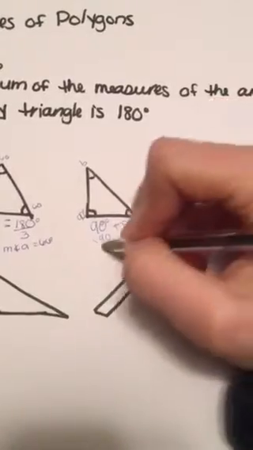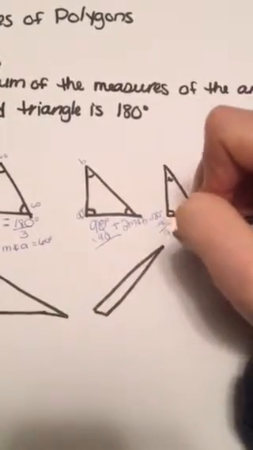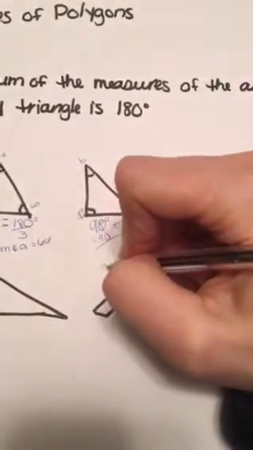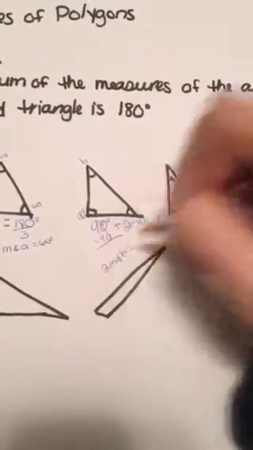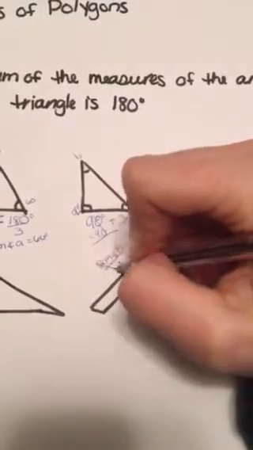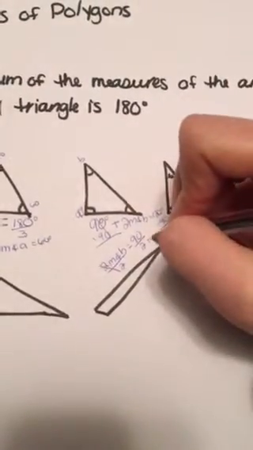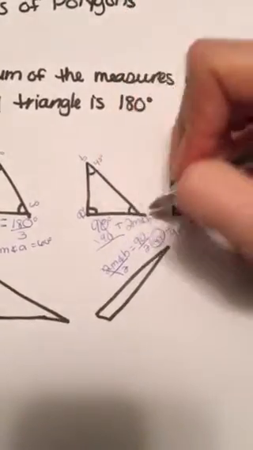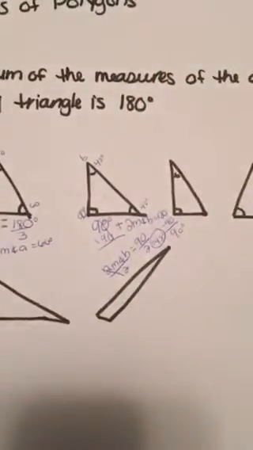Subtract 90 from both sides. I get 2 times the measure of angle B equals 90, and I'll divide both sides by 2 to get the measure of one angle, and that gives me 45 degrees. So this is 45 degrees and this is 45 degrees.